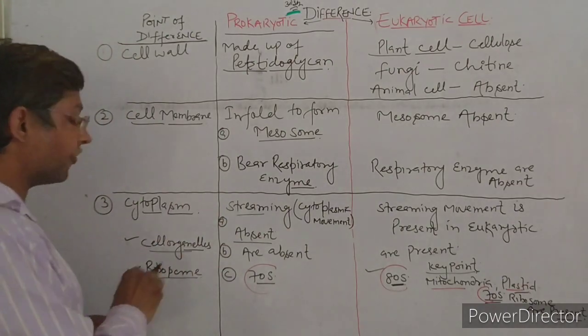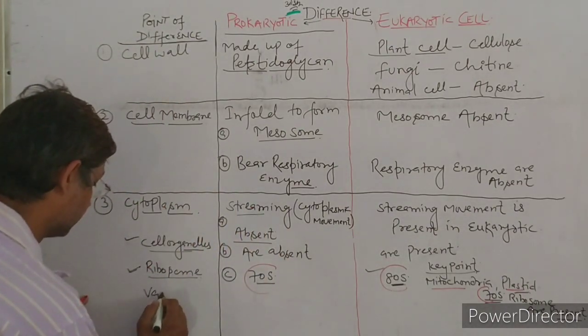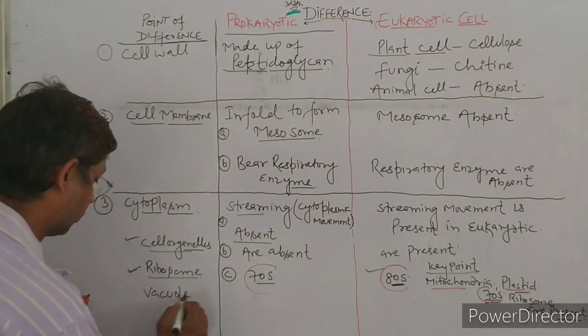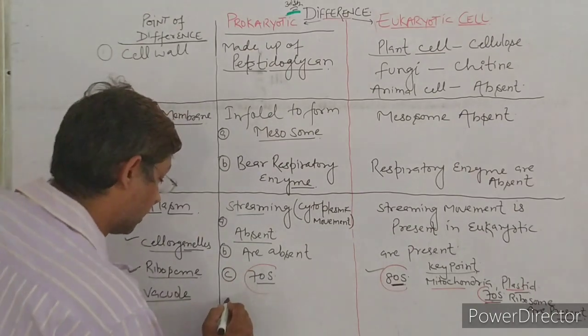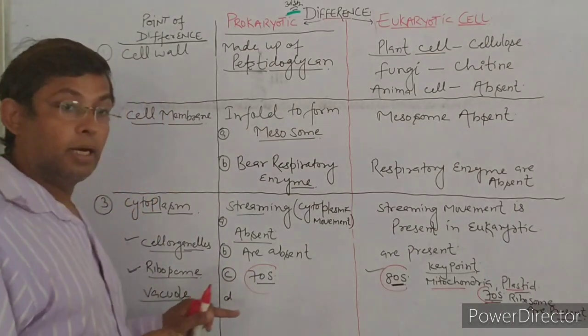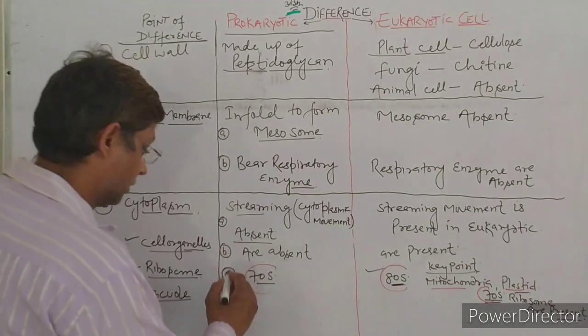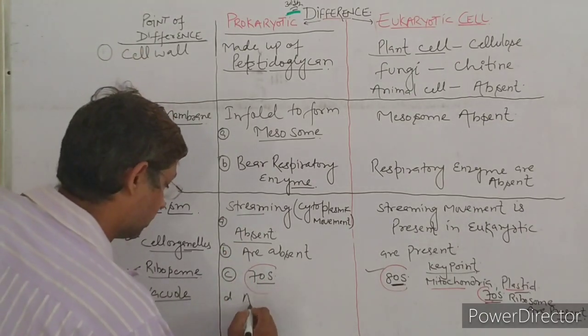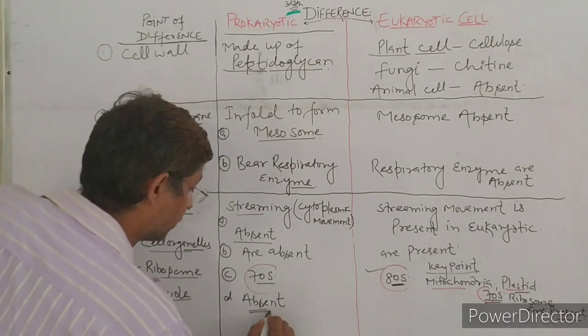Then the next difference is the vacuole. Sap vacuoles are absent in prokaryotes. Which vacuole?